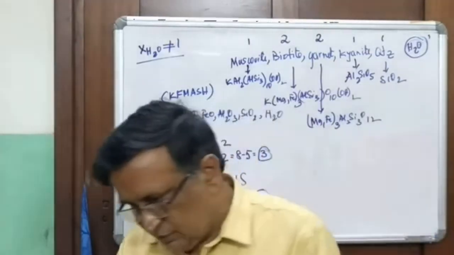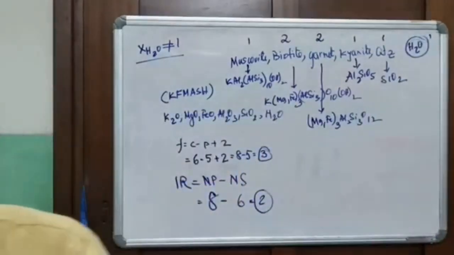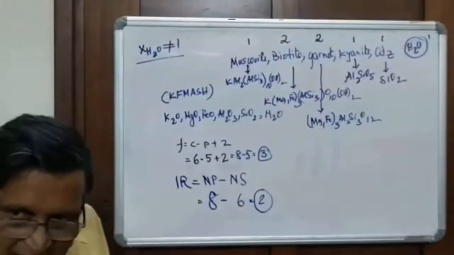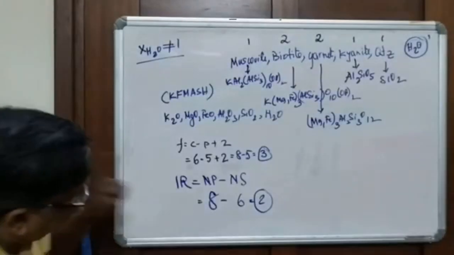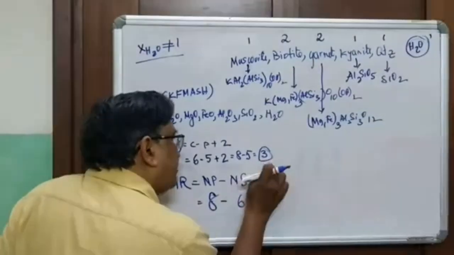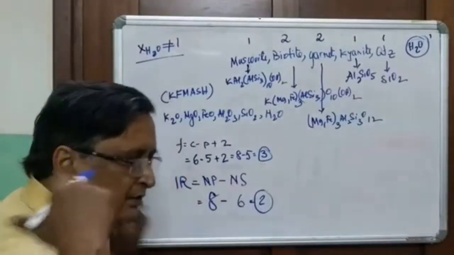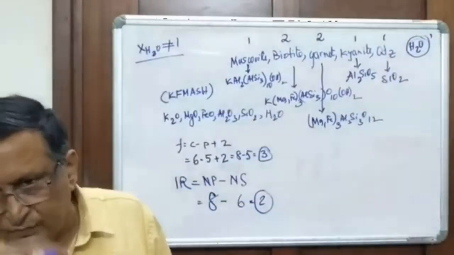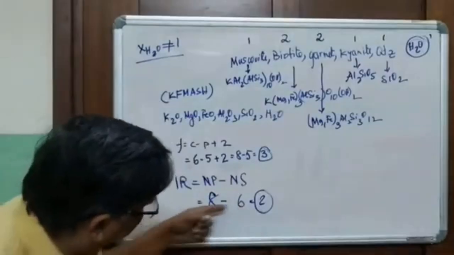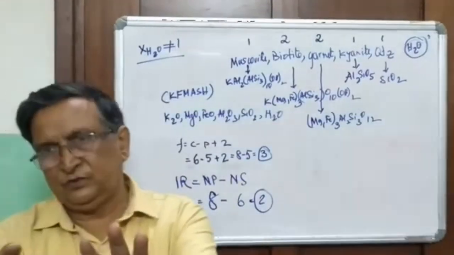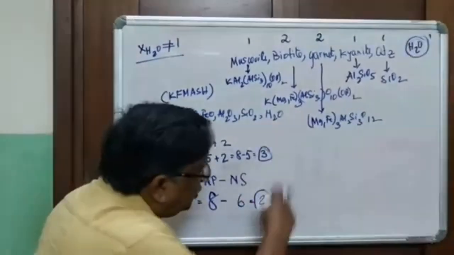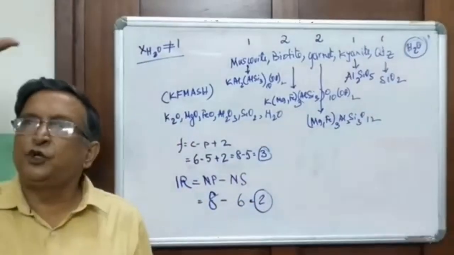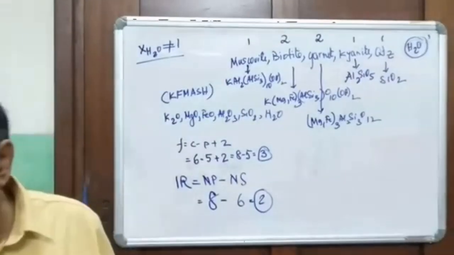Minus 6 is equal to 2. Have you understood? Like last time, therefore, Gibbs phase rule says 3 variables are necessary to solve your problem and they should be quantified from outside the system. This tells you you have 2 reactions, no more. So 3 plus 2, 5. There should be 5 variables and no more.